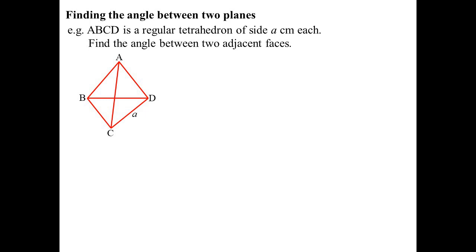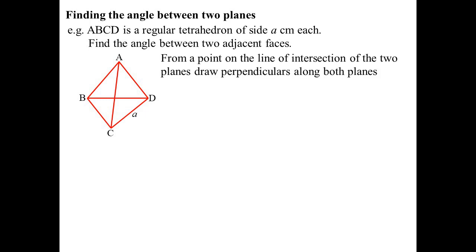So we've got two planes joining together at an edge. How do I do this one? The edge is the line of intersection between the two planes. So what I end up doing is from a point on that edge, I draw perpendiculars along both of the planes. Now again, for convenience here, I'm going to choose to go from the point here, which will go through the vertex.